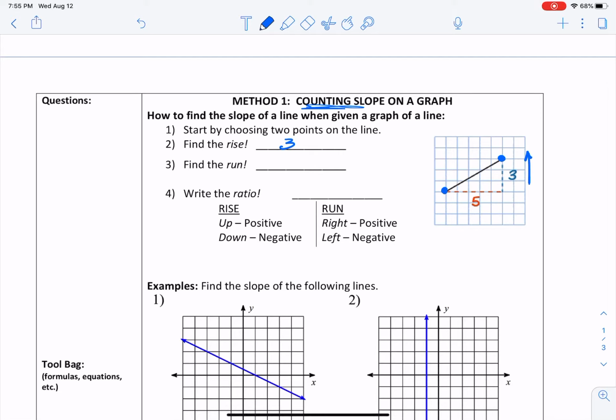And the run is measured from here to here. So we go over 5 and up 3. So our run is 5. So when we write the ratio, that is 3 over 5. Simplify all the time if you can.